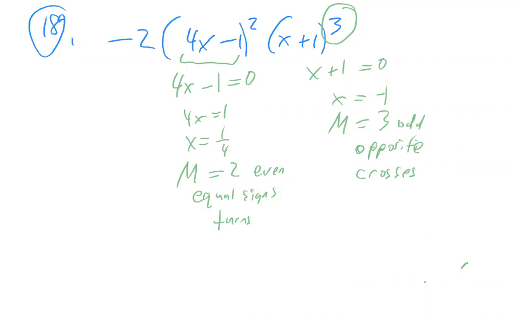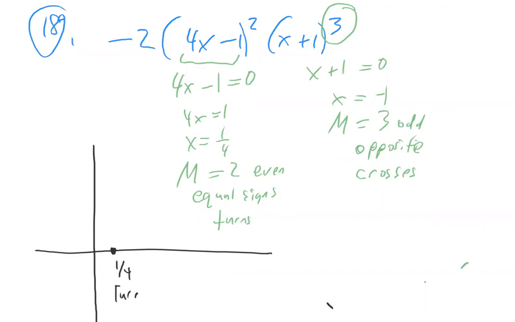So we're going to draw a graph. First of all, we have x equals 1/4, which is about right there. And that one, 1/4, turns around, right? And then x equals negative 1 over there.